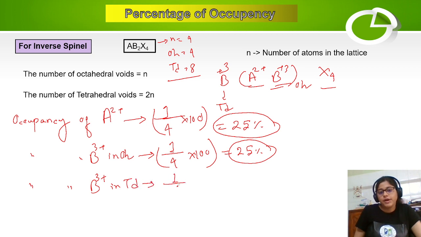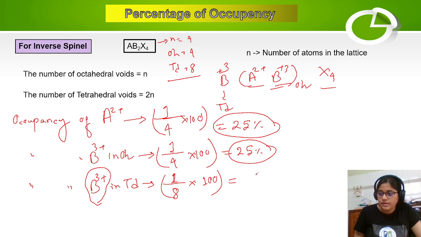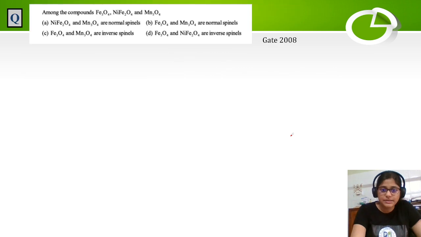Tetrahedral 1 by 8, right? This B3+ ion is occupying one among 8 tetrahedral voids, so it will again be 12.5%. Okay, these are the percentages of occupancy.